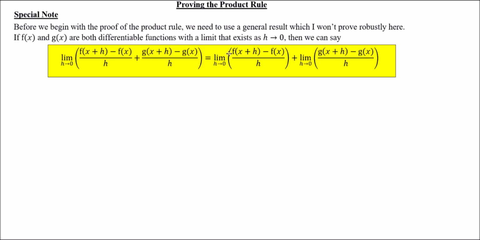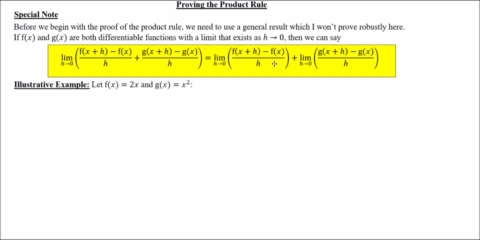So essentially we can split the limit into two. The derivative function of both combined is the same as the derivative functions taken separately and then added together afterwards.